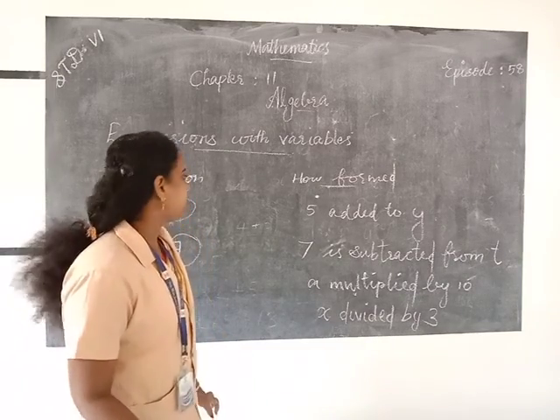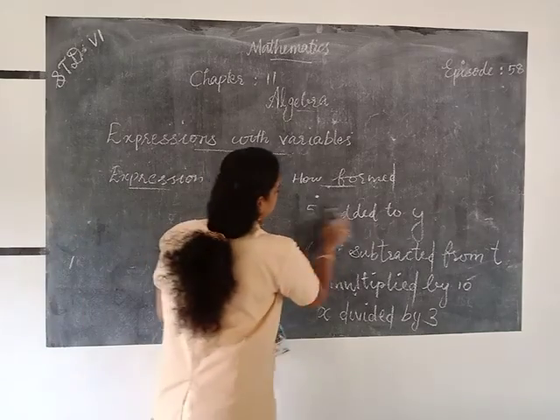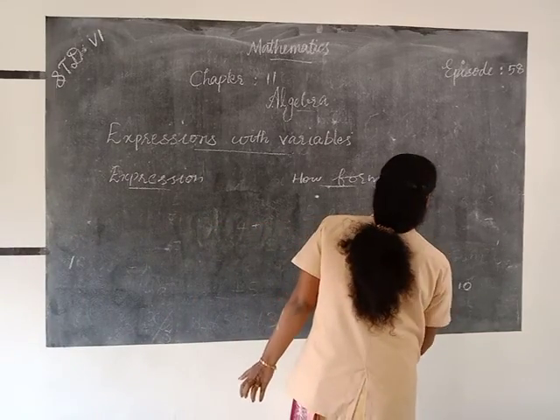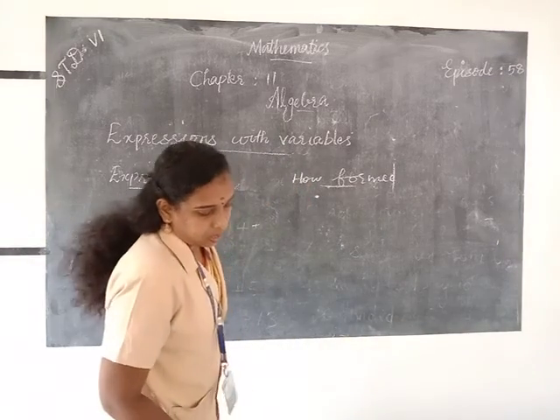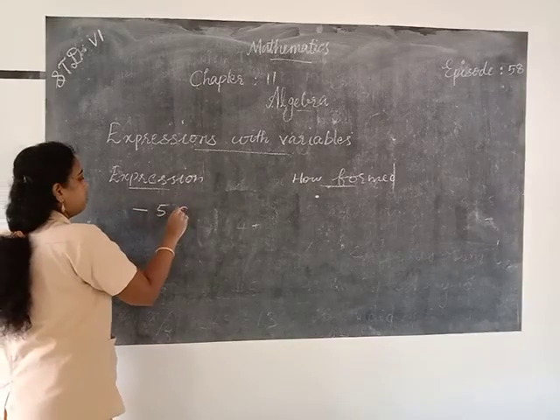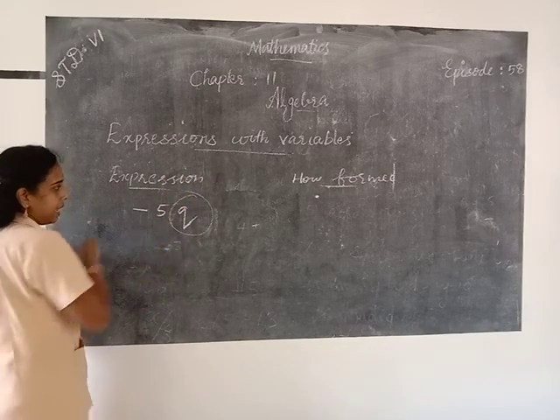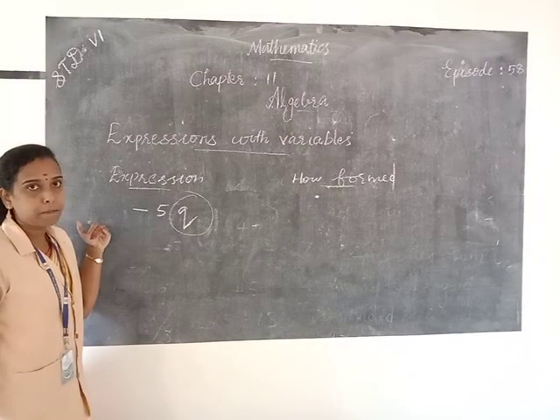Then the next one is minus 5q. Here q is a variable, and how is the expression minus 5q formed?